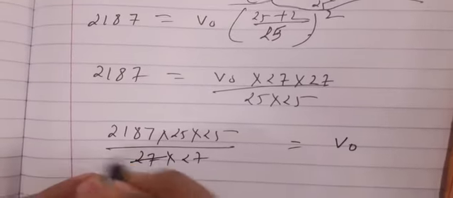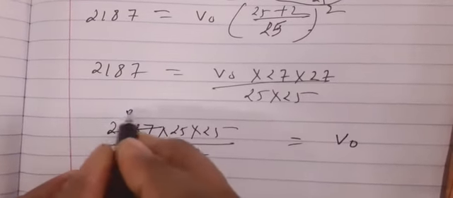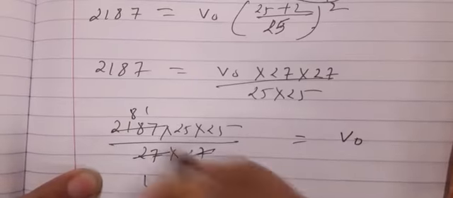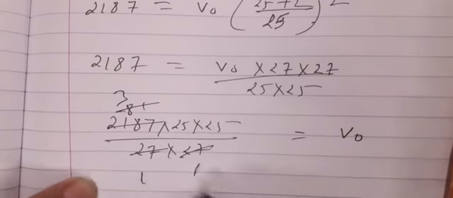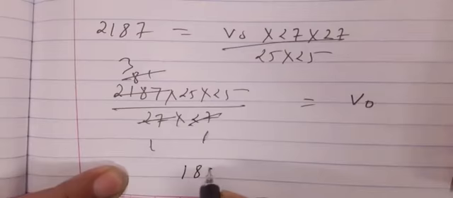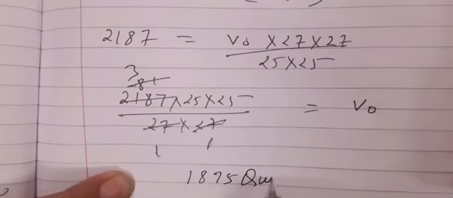So 27 will reduce 2187 to 81 times, and 27 3s are 81. So 25 into 25 into 3 will be equal to 1875 quintals.